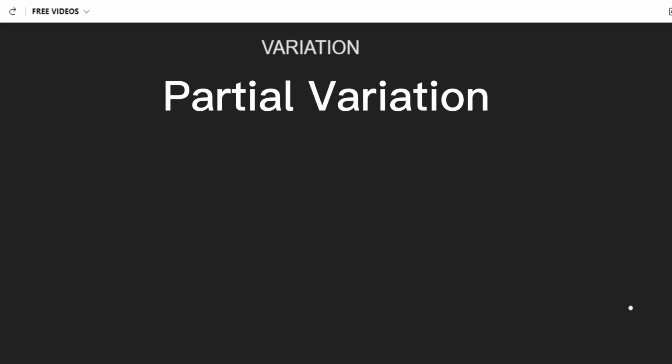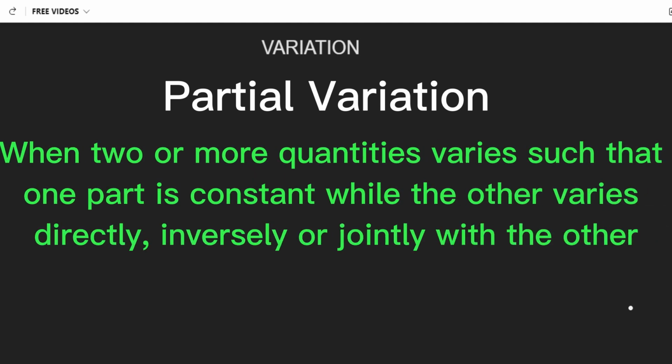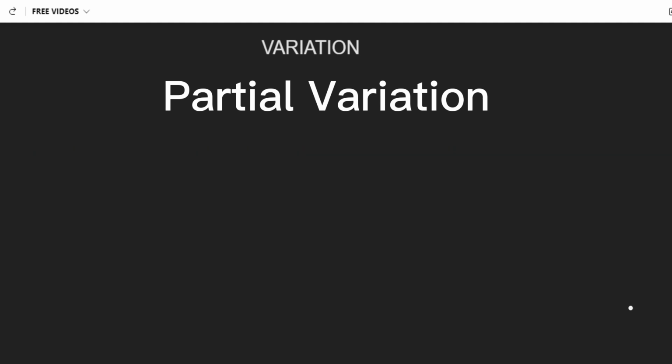The final part of variation we are going to talk about in this discussion is the partial variation. When two variables are in relation with a formula, or when a variable is related by the sum of two or more variables, we can say they are in partial variation. So they can be directly, inversely, or partially varied.